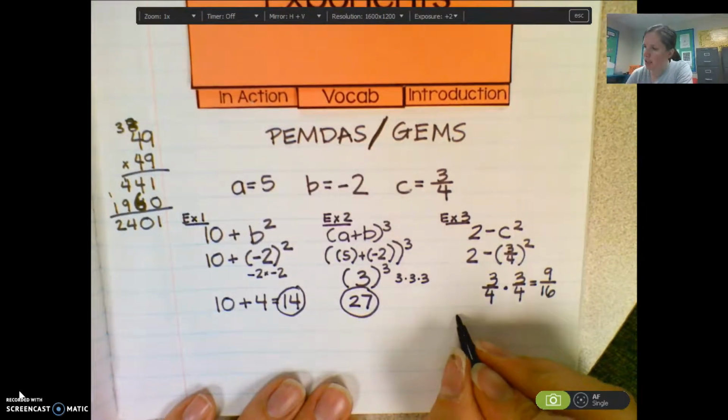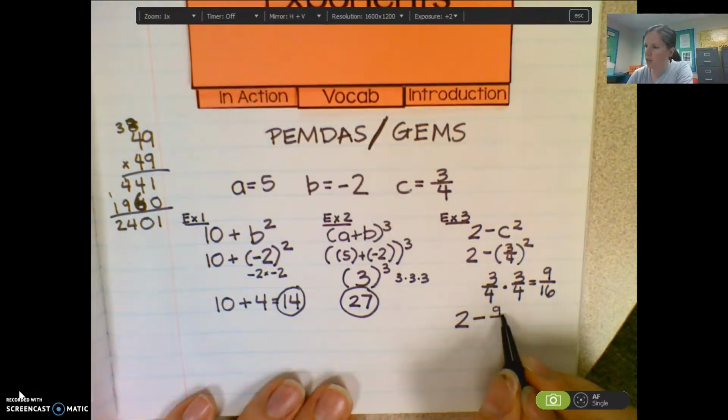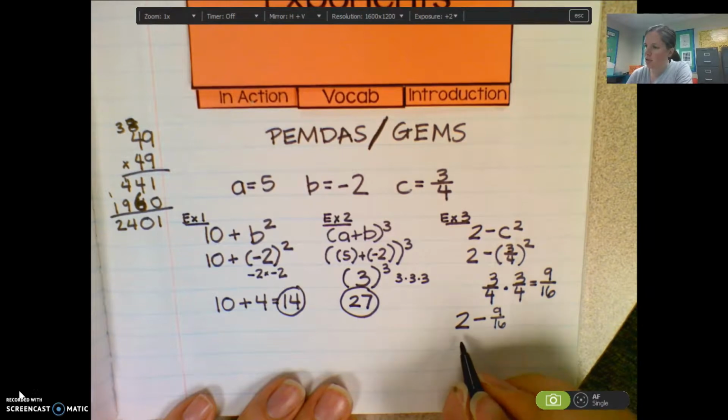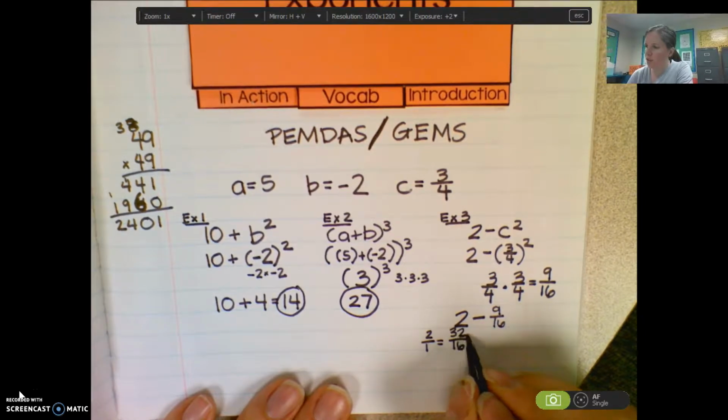This problem will be 2 minus, and 3/4 squared became 9/16. For 2, I need to have a common denominator of 16. So 2 was 2/1. 2/1 is 32/16.